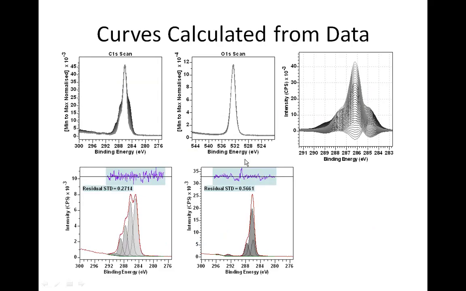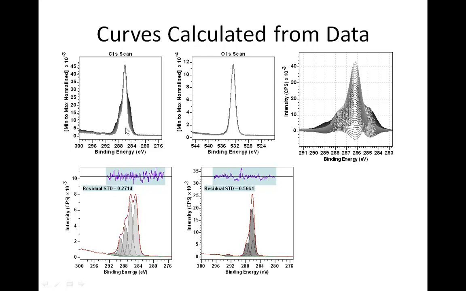The alternative to using a peak model and making assumptions about bell-shaped curves and how they relate to one another is to try and calculate shapes that derive directly from data. And this is an example of a data set that has been measured from sucrose.